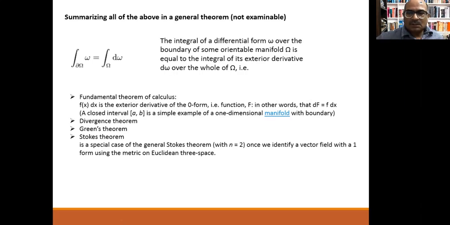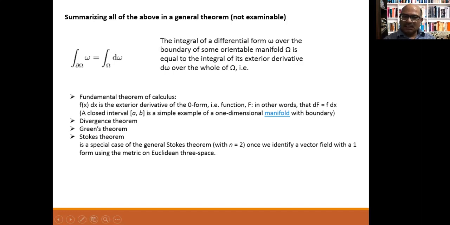Summarizing all the above in a general theorem, which is not examinable: the integral of a differential form omega over the boundary of some orientable manifold is equal to the integral of its exterior derivative d omega over the whole manifold.